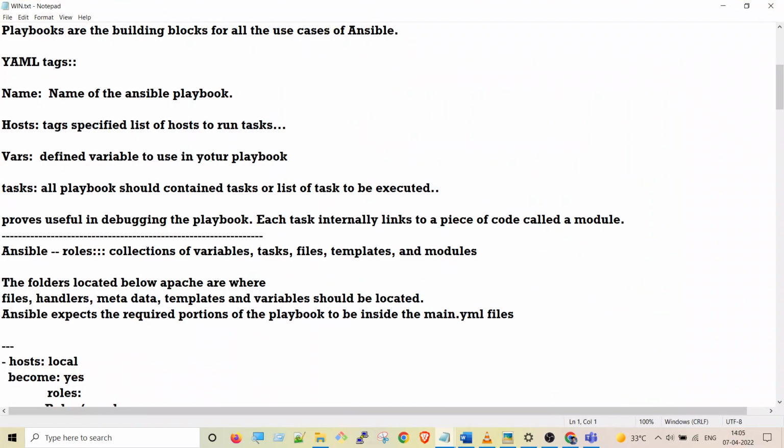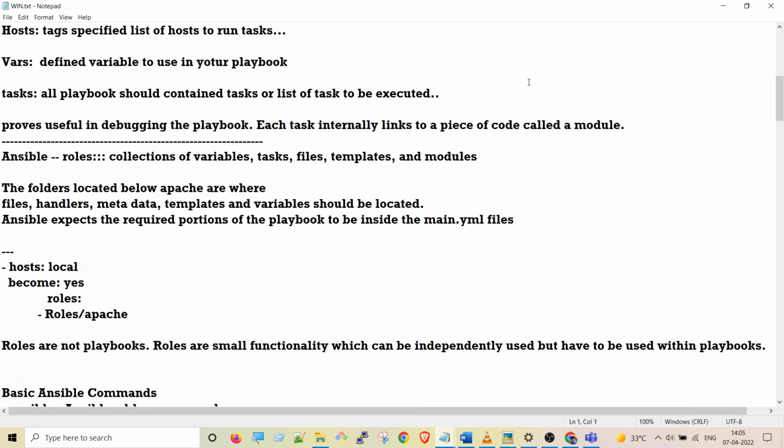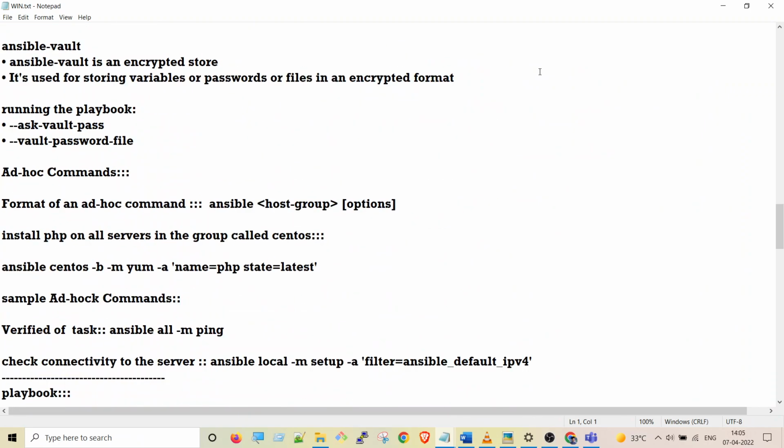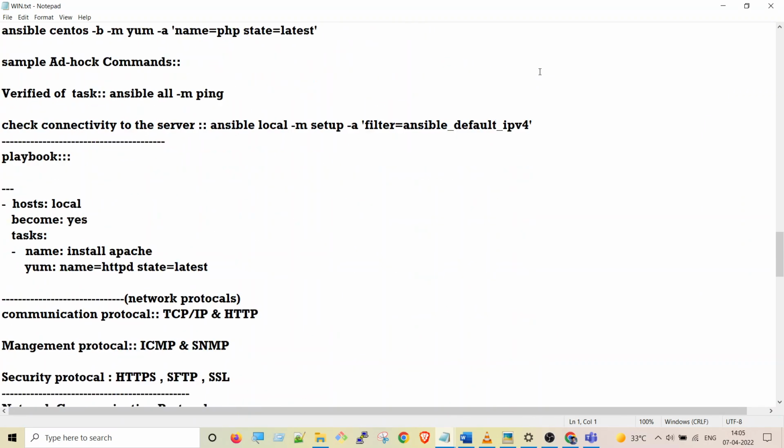For example, there is a requirement that you need to fetch all VPCs running in your region. I just wanted to understand what kind of tasks in your project you are doing using Ansible. There could be a lot of tasks, right? So I just wanted to.